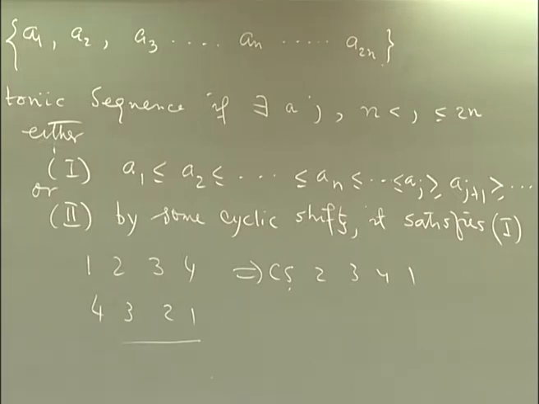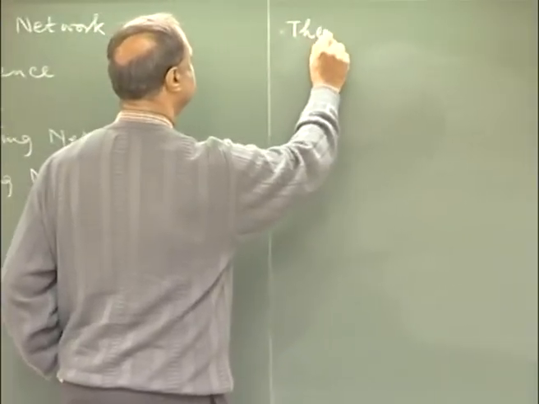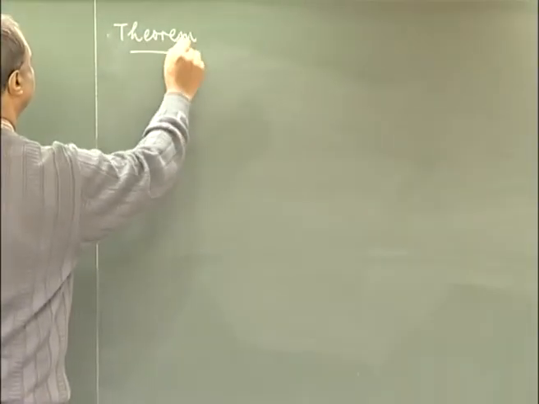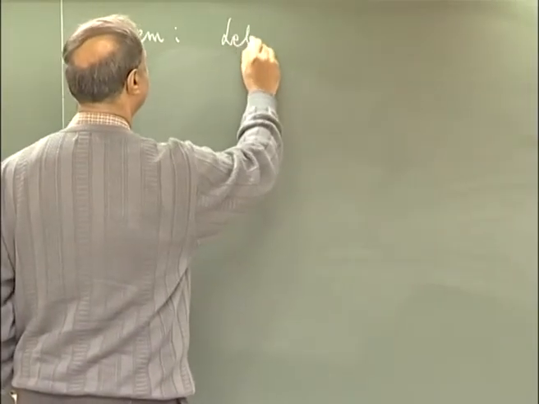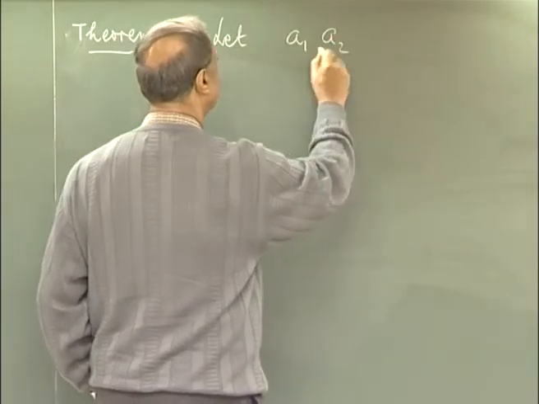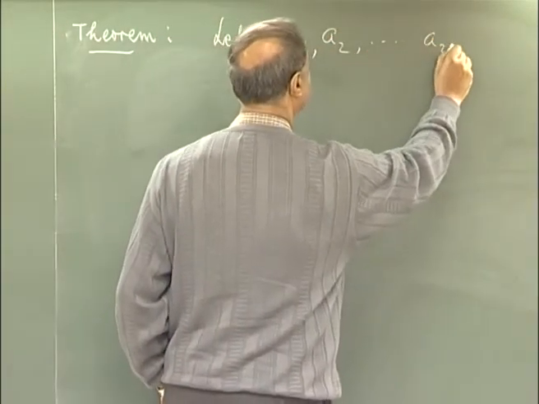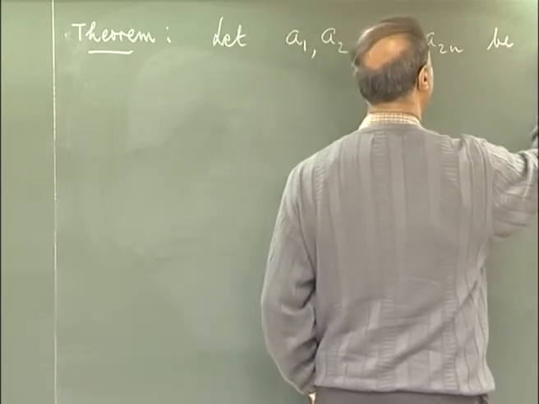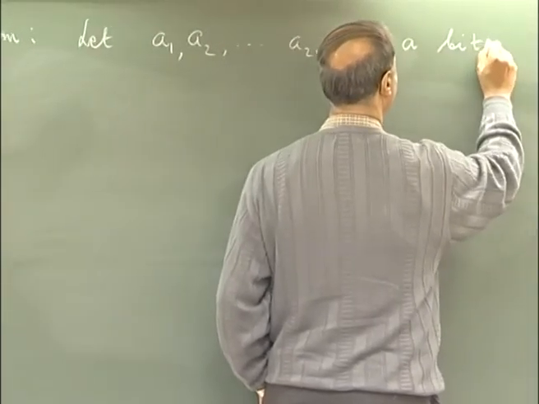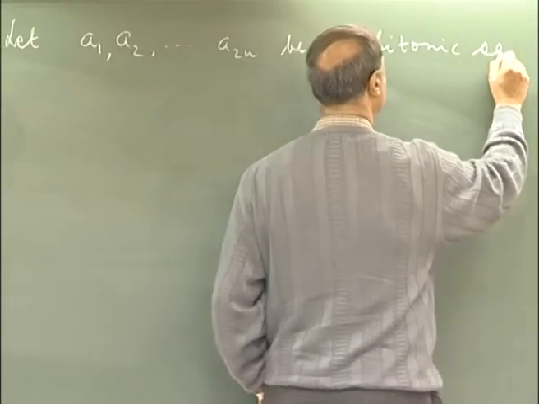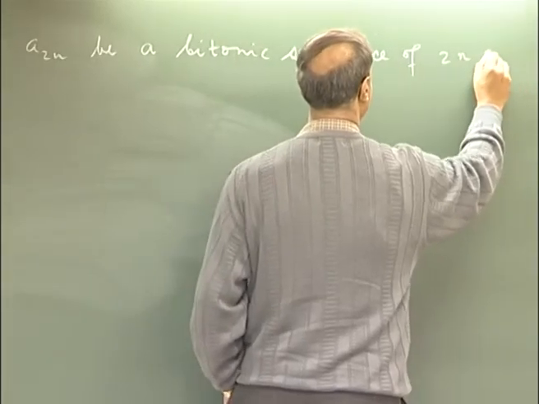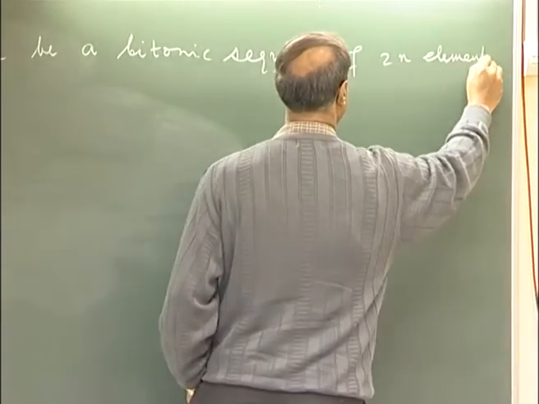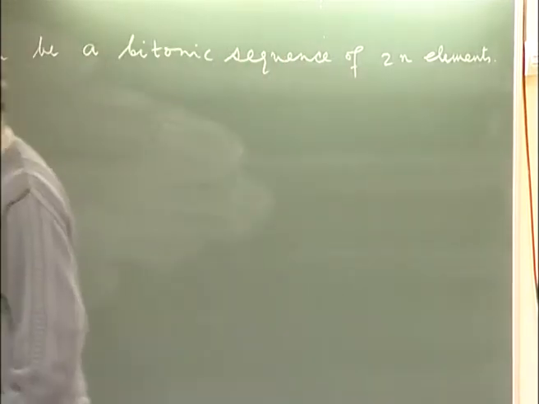Now, if it is clear, then you can define a theorem. Let A1, A2, ..., A2n be a bitonic sequence of 2n elements.